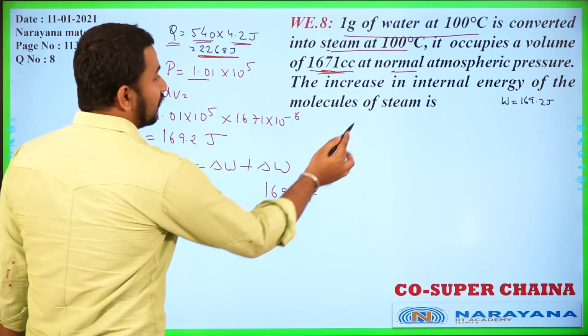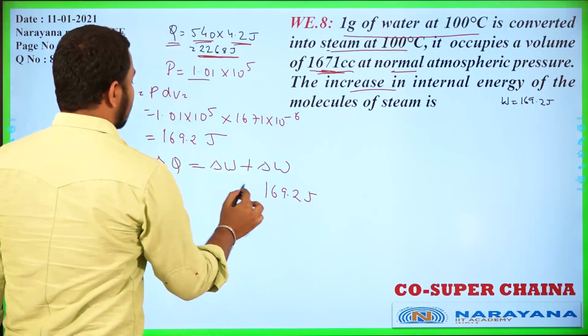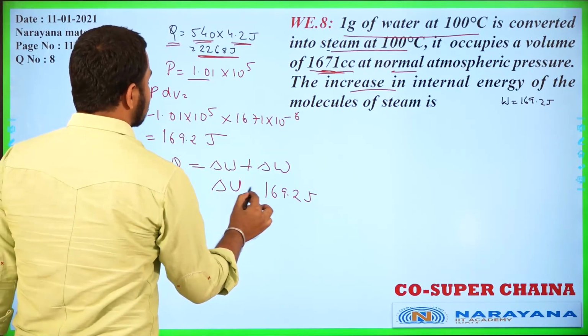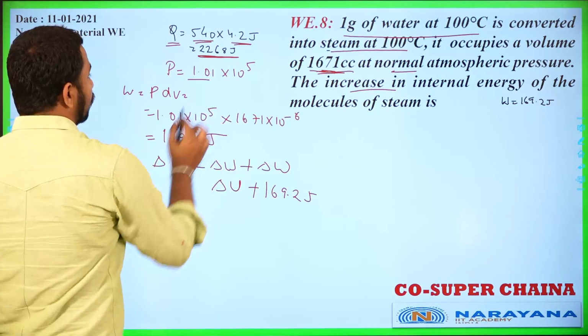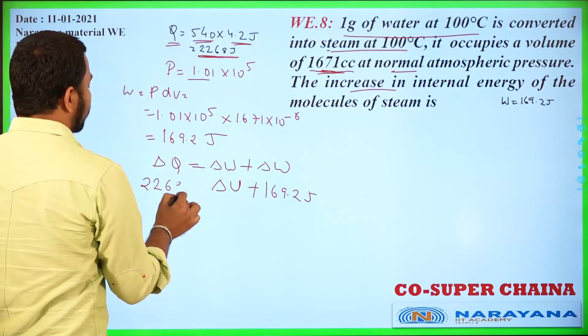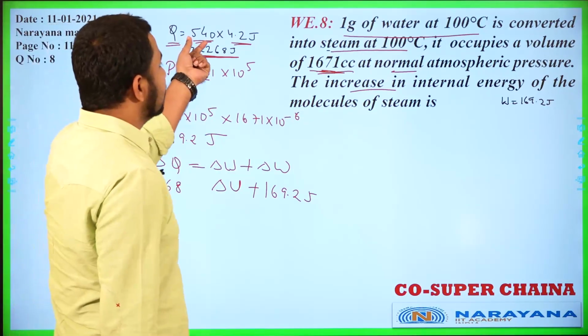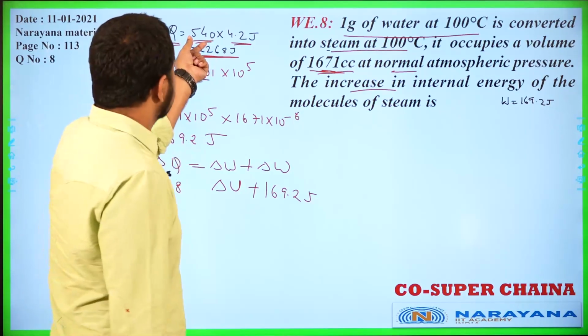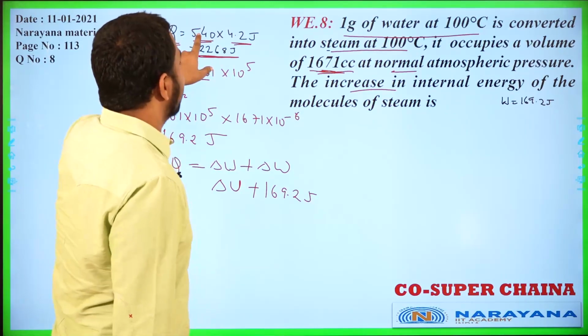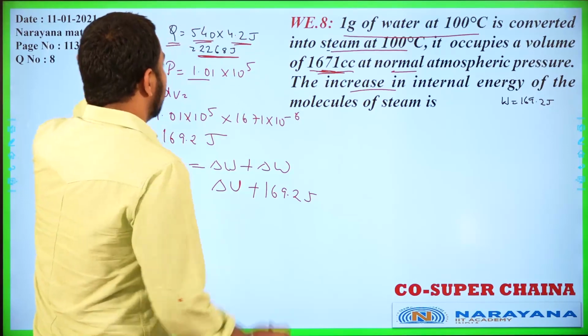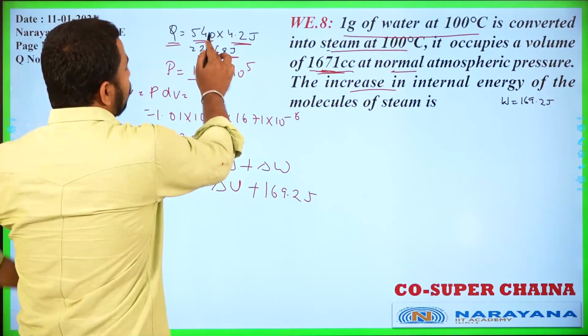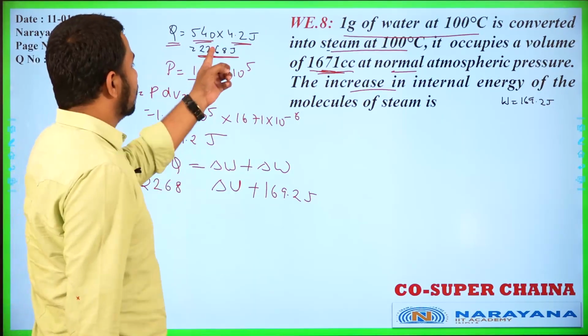Delta U we need to calculate, the increase in the internal energy. So delta U plus this, and delta Q we got 2268. Student, how did we get this 2268 joule? The given unit is in calorie, and we have to convert it into joule.